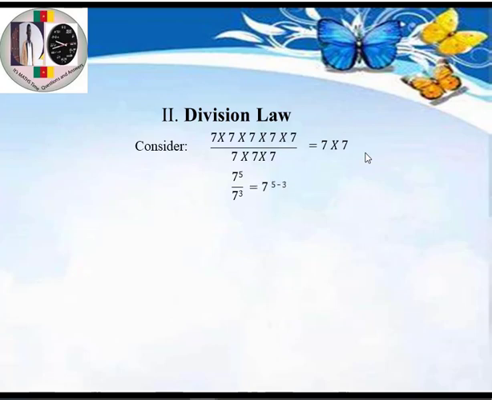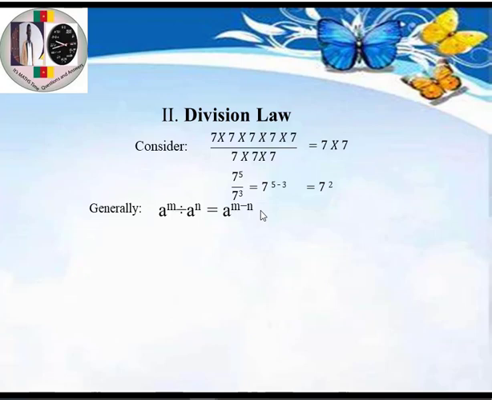So the general form of the division law can therefore be simplified as: if we are dividing two index numbers of the same base, then we subtract the powers. That's why we have a power m divided by a power n giving us a power m minus n.